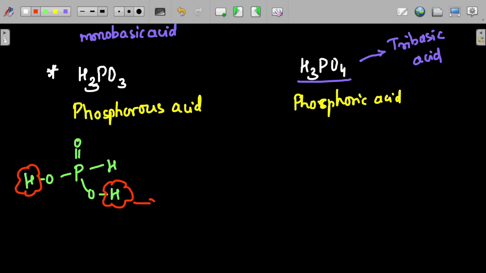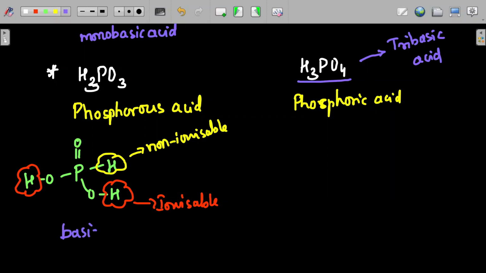These two are ionizable, means when you dissolve them in water they become hydronium ions, but the one which is here directly attached to phosphorus is non-ionizable, means it will not form any hydronium ion. Therefore its basicity is actually 2. Yes, we call it a dibasic acid.